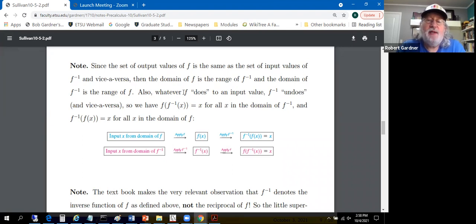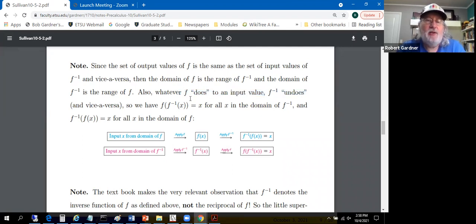Also, I promised I'd say this: whatever f does to the input, f inverse undoes it. If f maps A to B, then f inverse maps B back to A. It undoes what f does.